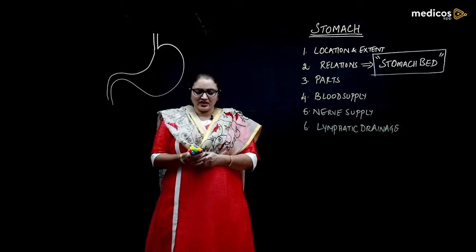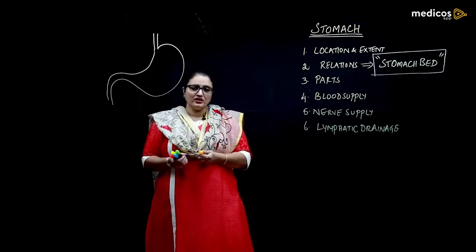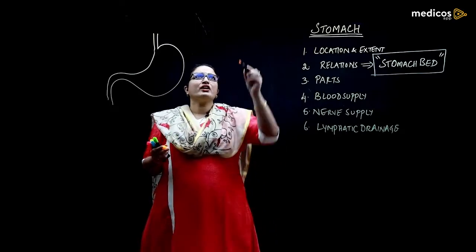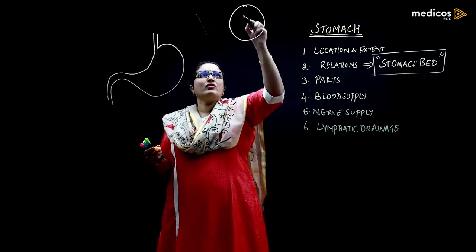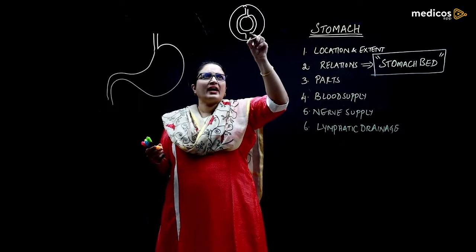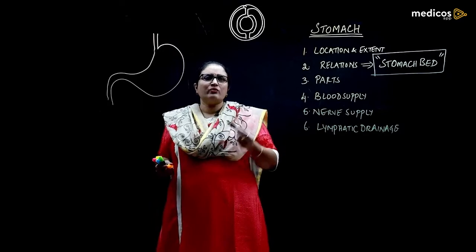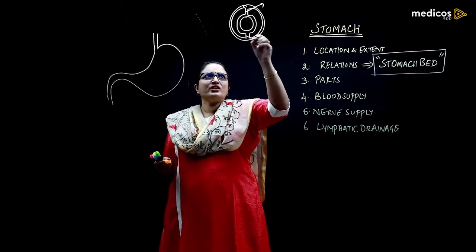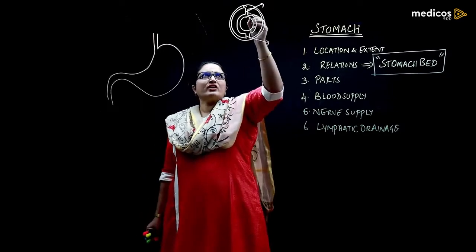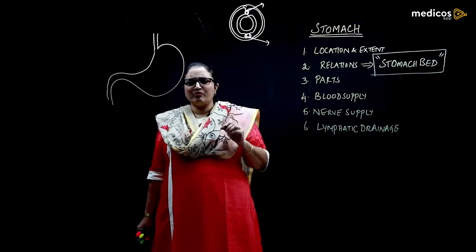So around the lesser curvature, going back to our signature embryology figure, where you understood that you have your stomach here which is being hung by two mesogastria. What are they? The ventral mesogastrium and the dorsal mesogastrium. In the ventral mesogastrium, you have development of liver. In the dorsal mesogastrium, you have the development of spleen.